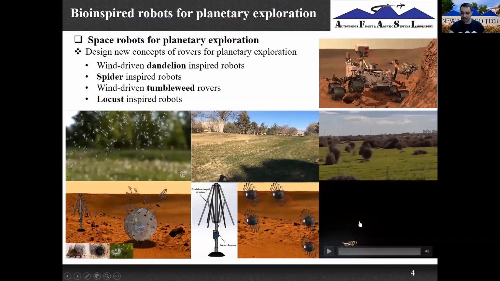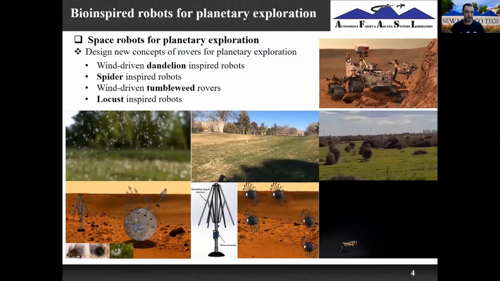The other concept that we are looking at is the insect, the locust. We know locusts jump. If we go to the moon, the lunar environment, we will see that there is no atmosphere there. So drones cannot fly, because the physics behind any flying object requires air.